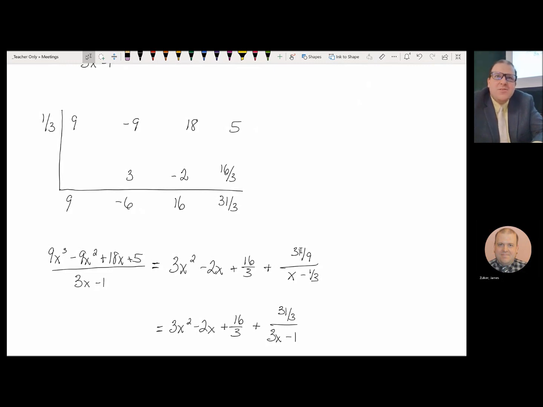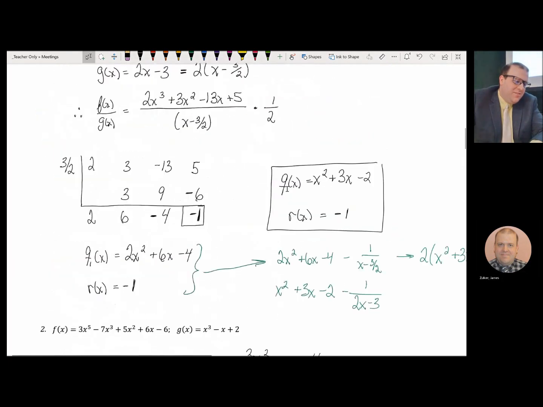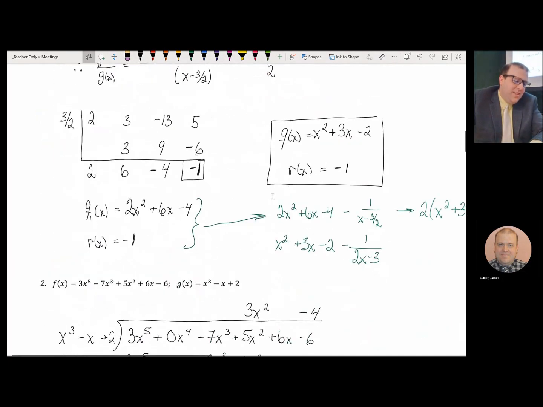I knew you multiplied the remainder. So I would just be safe and write it out like I did here in the green. Write it out in this form first, and then multiply by 1/2, or whatever you factored out, the 1/3.